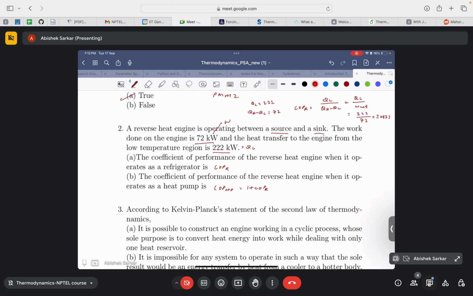Since you know both of them, you can easily find QH, which would be 72 plus 222, that is 294. Now you can easily find COPHP, it would be 294 by 72, which will give you 4.0833 exactly.